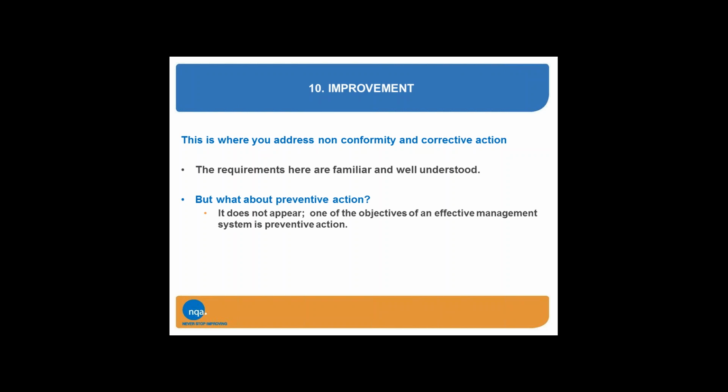It doesn't appear anywhere in the 2015 standard, and it doesn't appear in Annex SL, because one of the objectives of an effective management system is in itself preventive action. So we now have an emphasis on the process approach and on risk-based thinking. Risk-based thinking is another way of expressing preventive action.